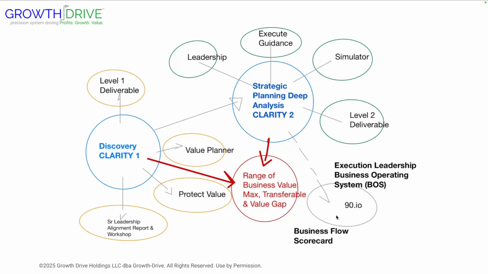So let's recap. We are doing Clarity Level 1, creating CEO clarity. We can also use this Level 1 24 question analysis with the senior leadership team to create senior leadership alignment, or an understanding of a consensus view of the business. Value planner, what will the business need to be worth tomorrow? And yes, getting you there is within the realm of the possible.